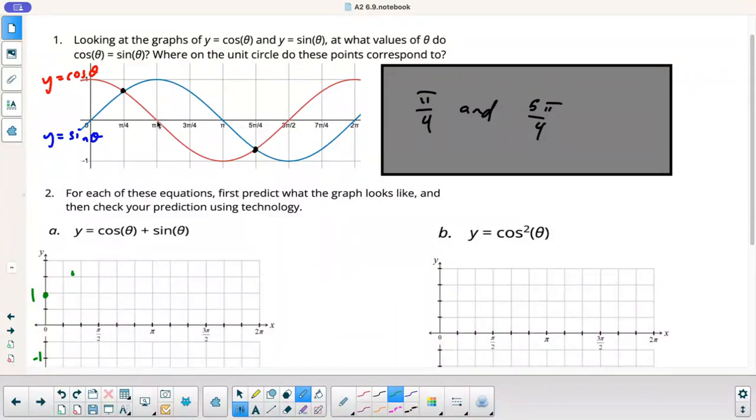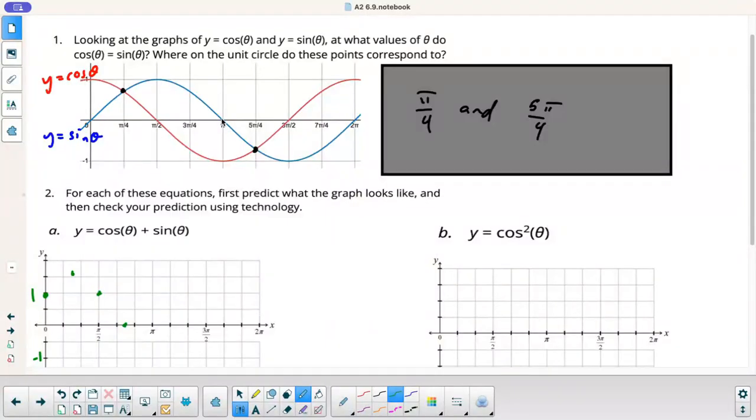Pi over 2, this is 0 plus 1, so that's at 1. 3 pi over 4, this is going to be, call it 0.8 plus negative 0.8, so that's going to be down here at 0.